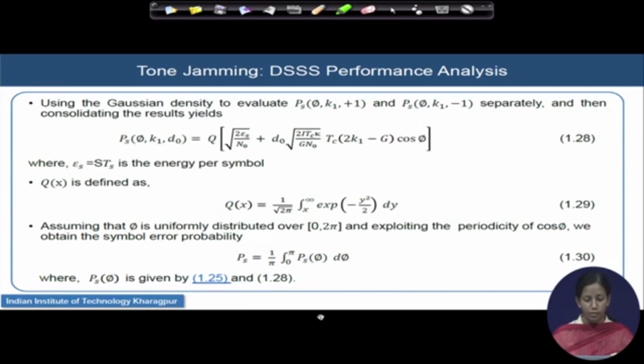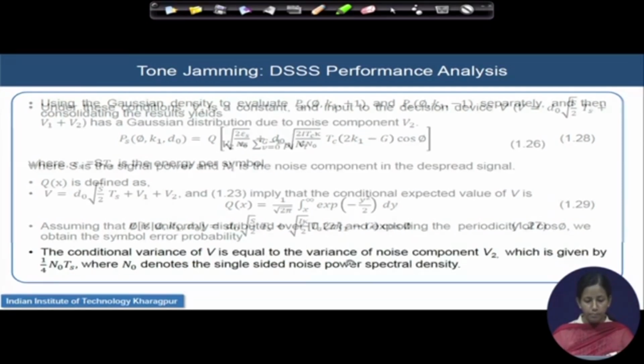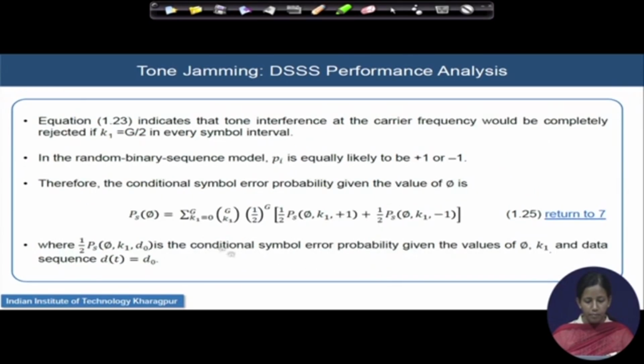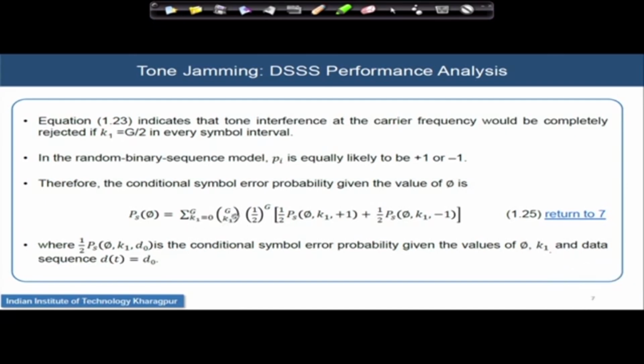And we understand that cos phi is periodic. It has a periodicity. So we can give the final symbol error probability Ps as the integration running over 0 to pi of this Ps phi. Ps phi is given by the equation here, where it is a function of the total number of samples considered and also has the contribution of the conditional symbol error probabilities.